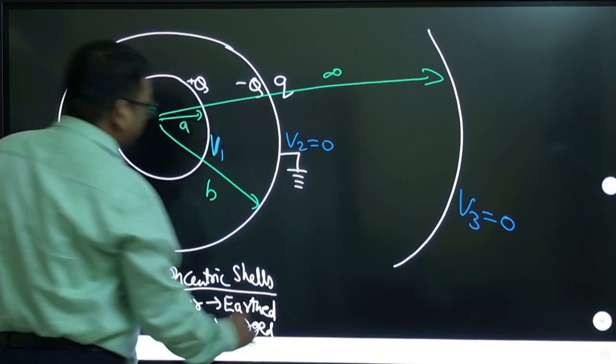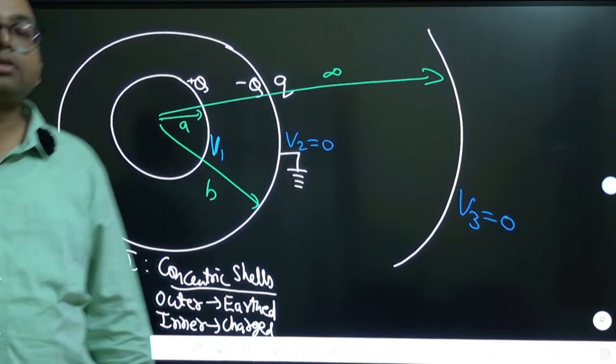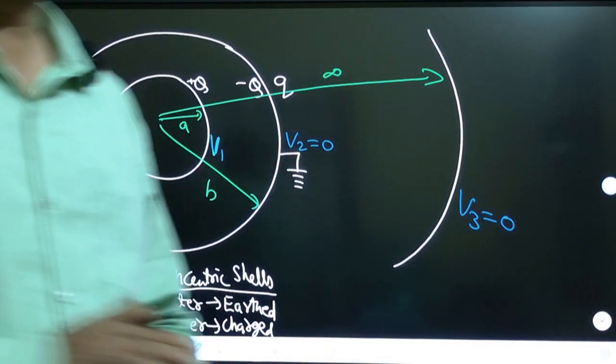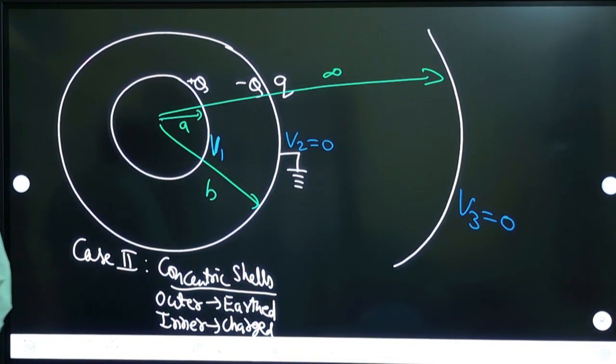So inner one is given charge, outer one is earth. Are you clear about this? So these two cases derivation we will come after, once we understand a little bit about the circuit diagram.